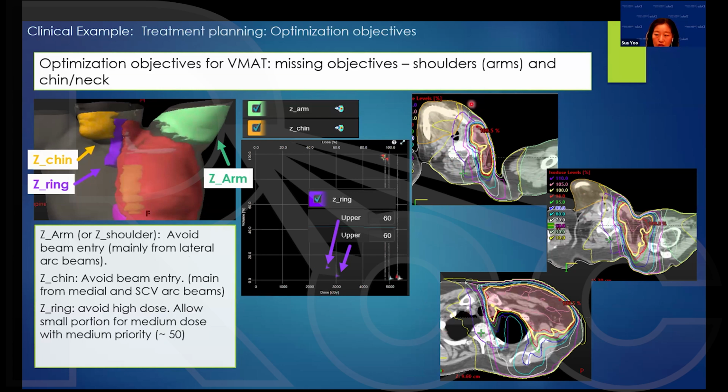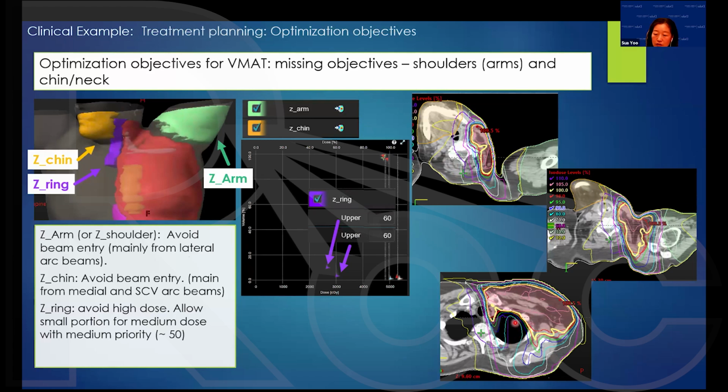If we think about 3D, we get really sharp dose drop off here. VMAT will be a little bit worse than 3D for this portion, but we don't want to make it too much worse. We don't want to give high dose here. So you can put some constraints so we limit the unnecessary dose. So this Z ring is what it's used for.